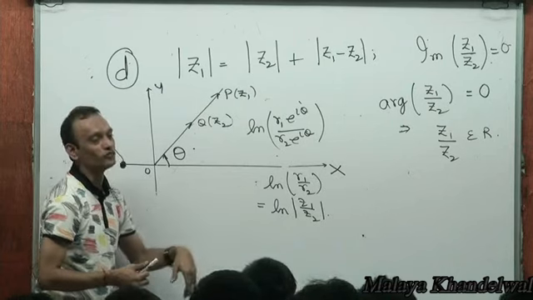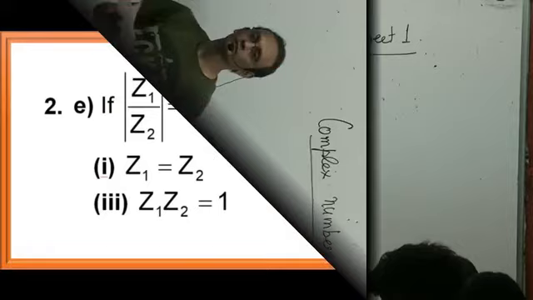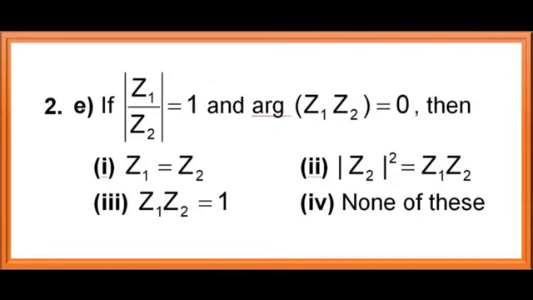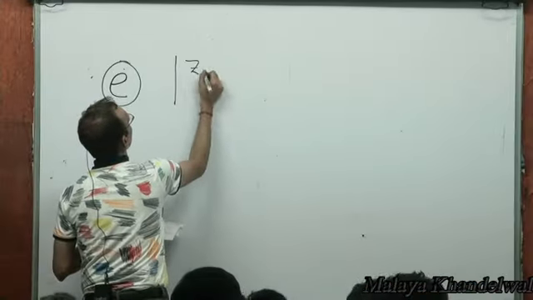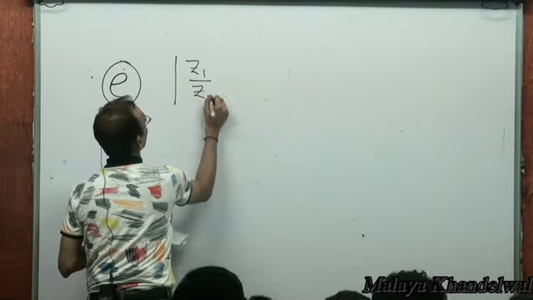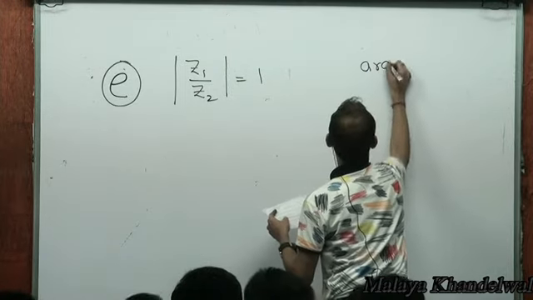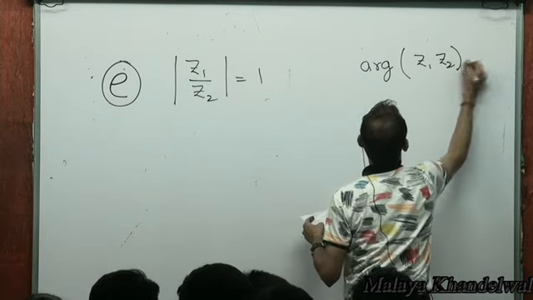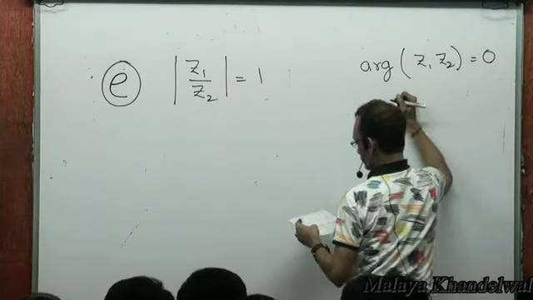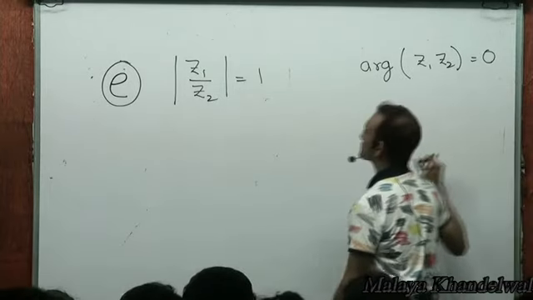You want to take the sine of this also? Cosine? Mod of Z1 by Z2 is 1, and it's given argument of Z1 Z2 is 0. We need to draw some conclusions from this.